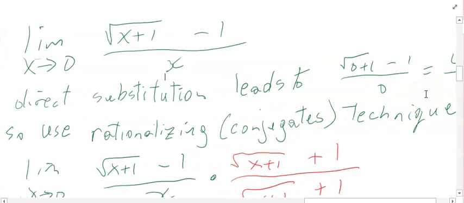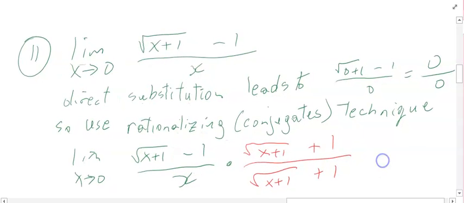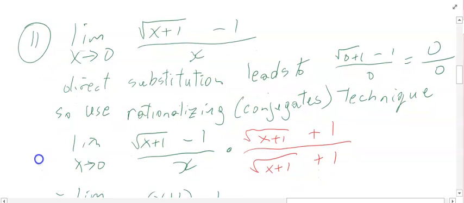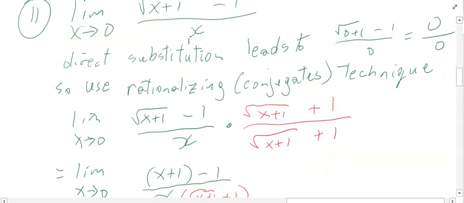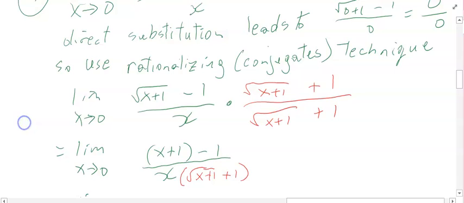So let's use rationalization, or what we call conjugates, to try to solve this problem. So we set up the limit as x approaches 0 of radical x plus 1 minus 1 over x, multiplied by the conjugate over itself, which is radical x plus 1 plus 1 over radical x plus 1 plus 1, and then do the multiplication, FOIL it out, or if you know something about a difference of squares, you know what is going to be in the numerator is the first term of the binomial squared and the second term of that binomial squared.